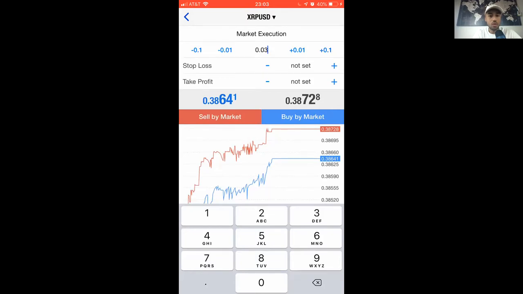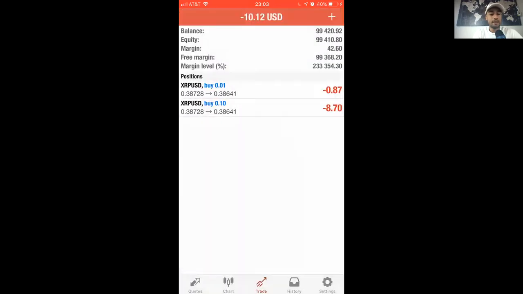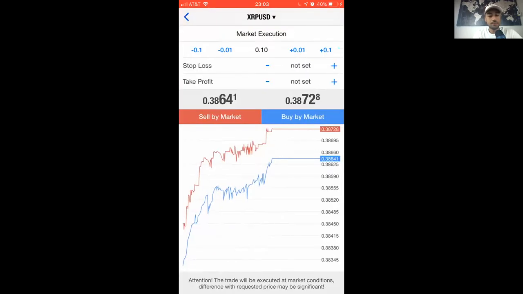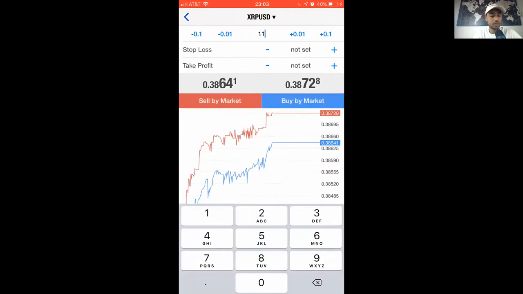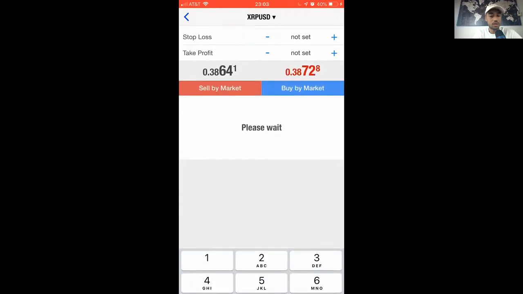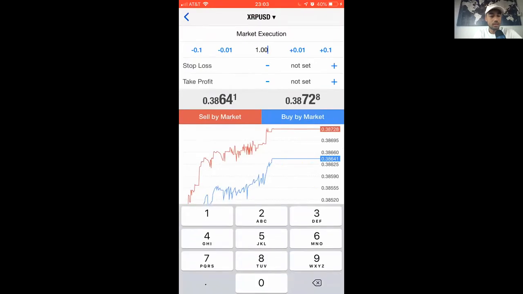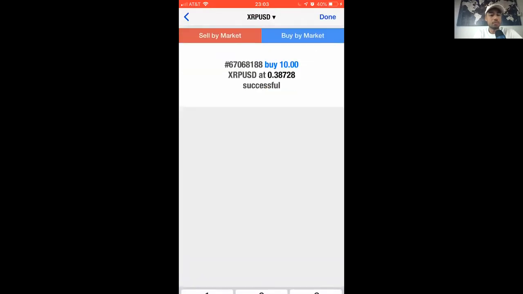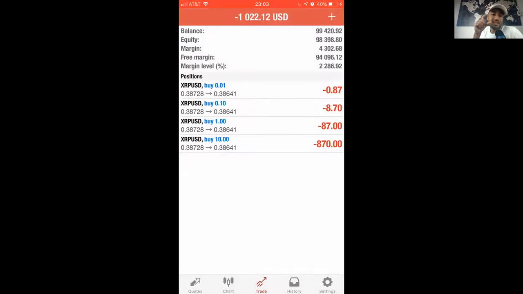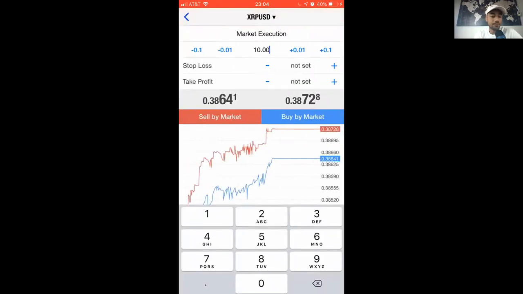You can do it by ones over there as well, or you can just type it in, right? So buy. We're going to do a standard lot, which is 1.0, buy, and then we're going to do 10 lot. You're going to see that most times you start out in negative because that's the spread, okay? See where it says 0.01, 0.10, 1 lot, and then 10 lot, and then there's the 100 lot, right?